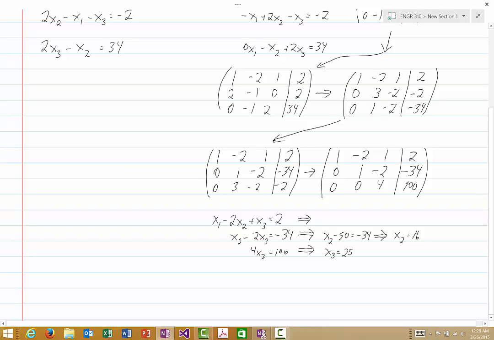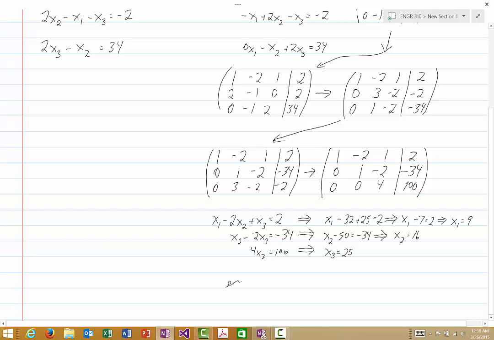And then if we plug in these values for x2 and x3 into the first equation, we get x1 minus 32 plus 25 is equal to 2, which is the same thing as saying x1 minus 7 is equal to 2, which means x1 is equal to 9.